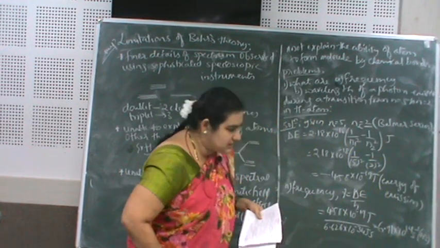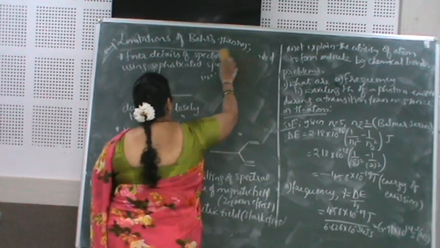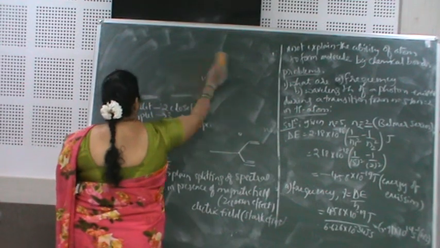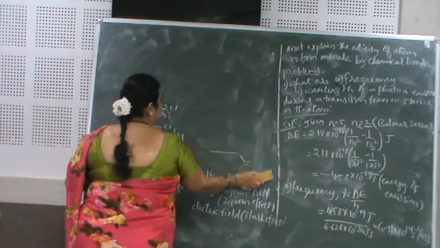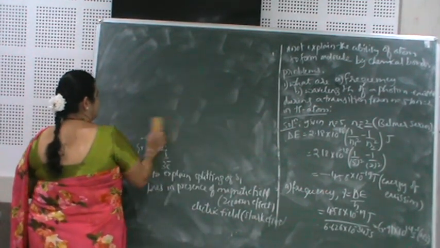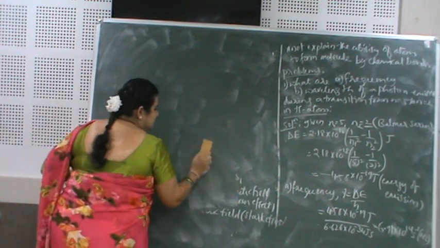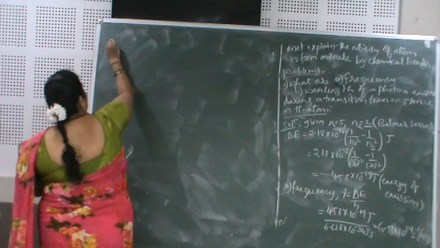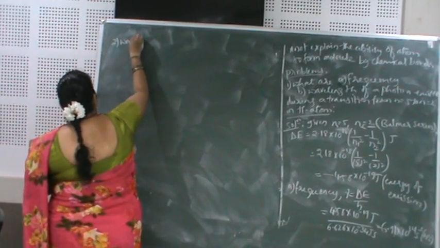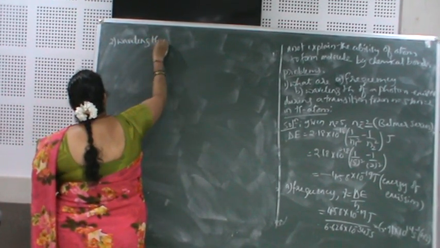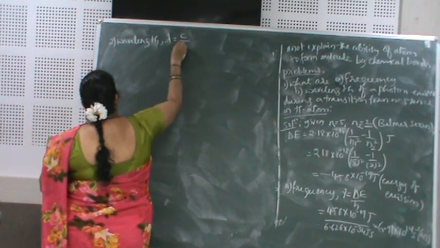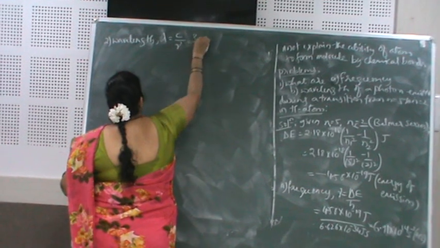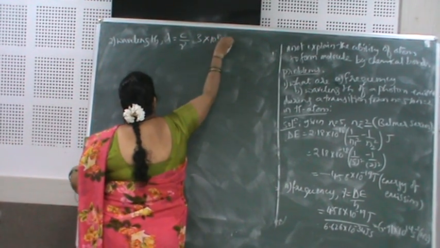Now the second quantity to be calculated is the wavelength. What is the relation between frequency and wavelength? Wavelength and frequency are related by lambda is equal to c divided by nu. We know the value of c, 3 into 10 raised to 8 meters per second.